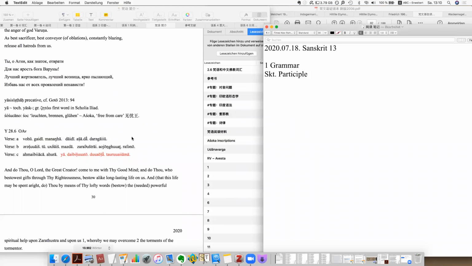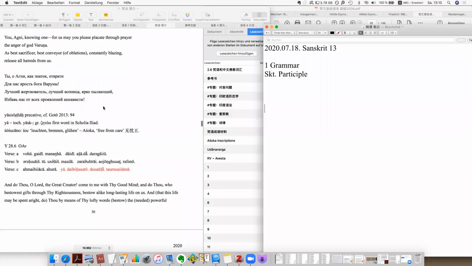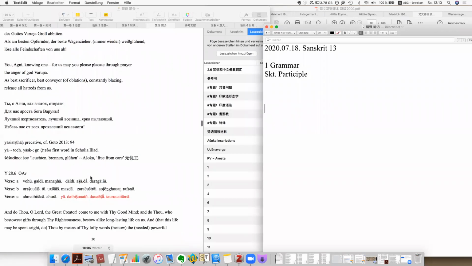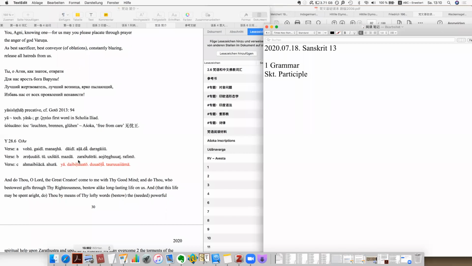Probably for the future classes, we can combine Iranian with our Sanskrit class, because they are pretty related. So probably in the future, we are going to combine Sanskrit with Avestan. So this is actually my plan.